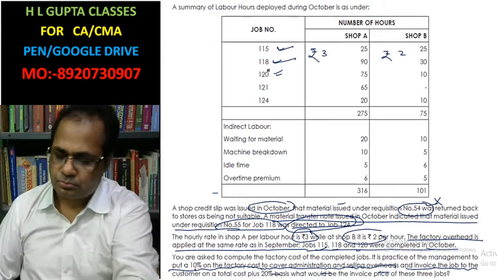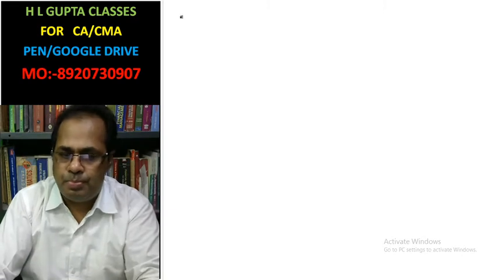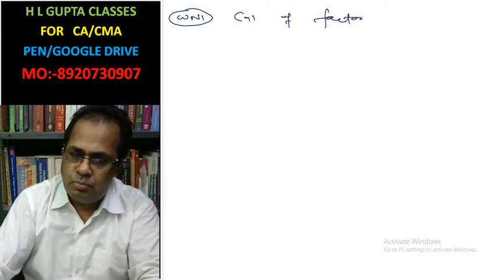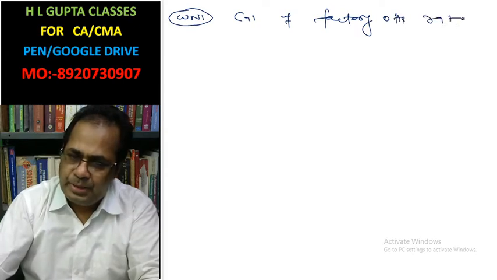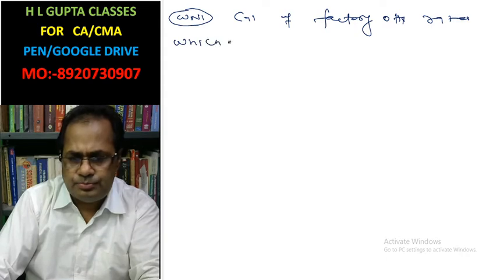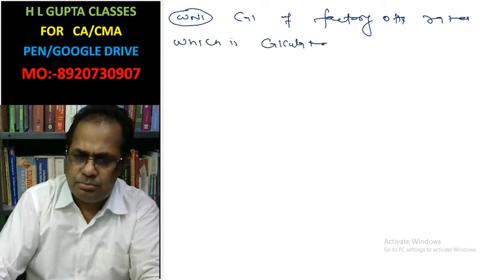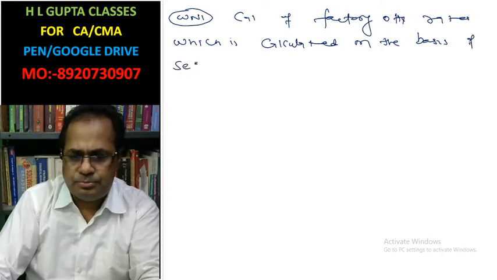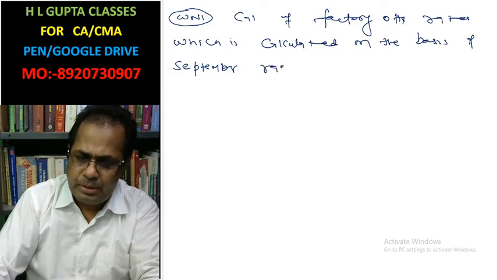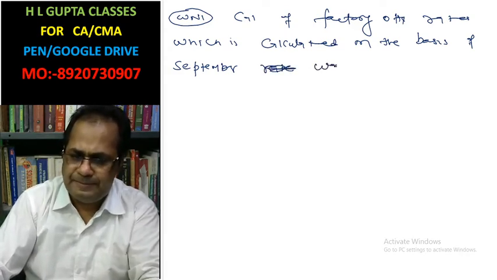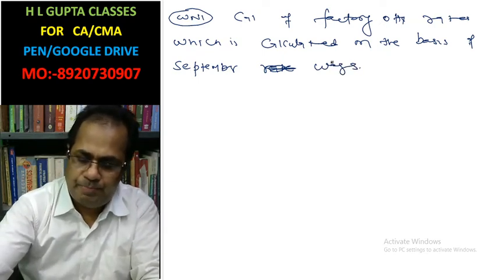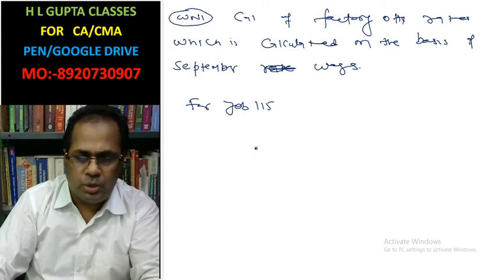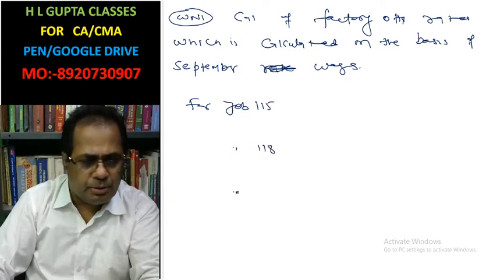Factory overhead rates are calculated on the basis of September labor wages, for job 115, 118 and job 120.